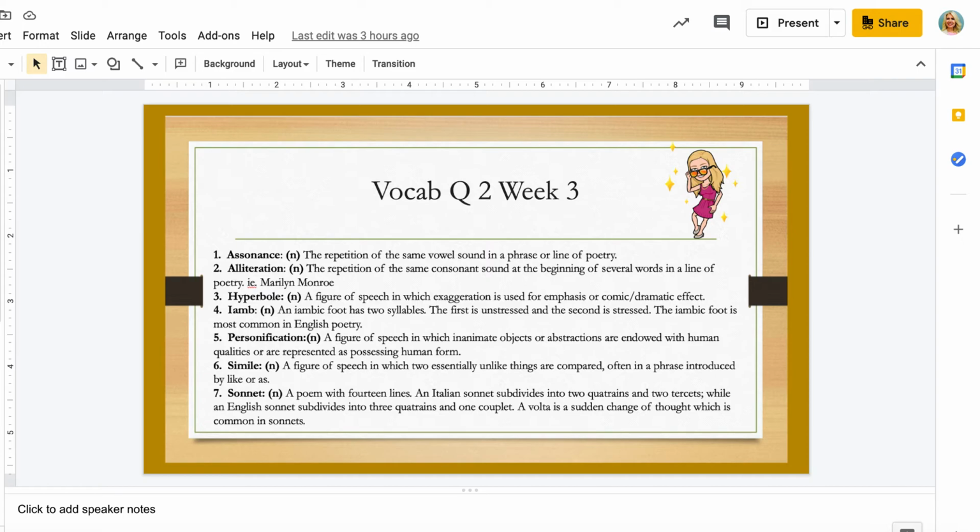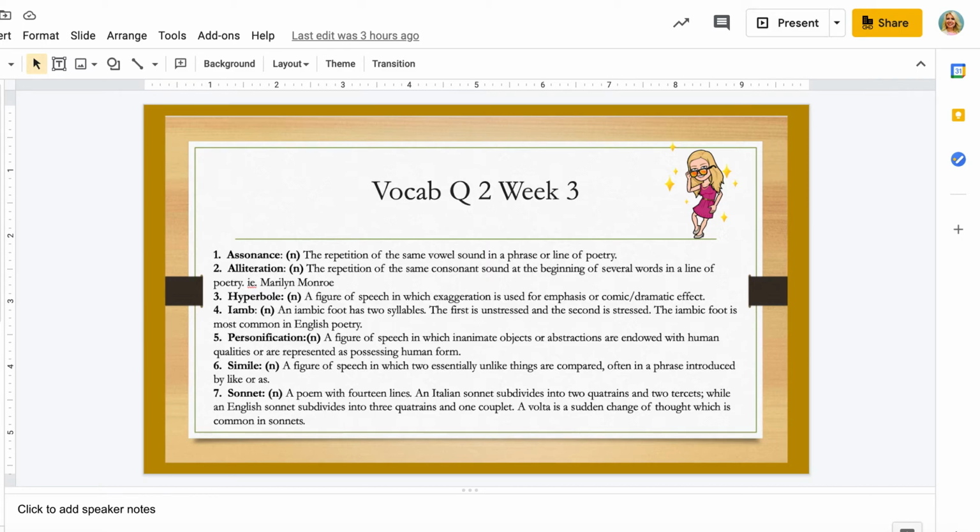And in an iamb, it has 2 syllables. The first syllable is unstressed and the second syllable is stressed. The iambic foot is most commonly used in English poetry.